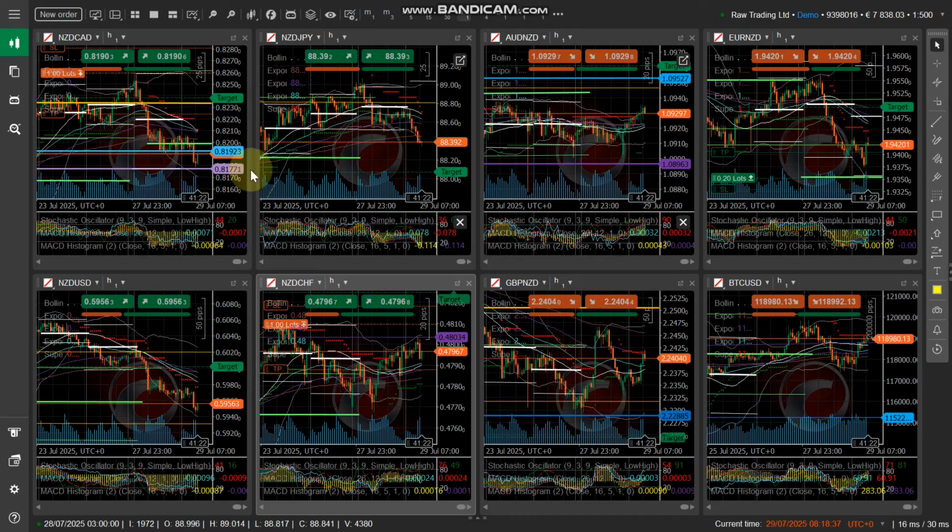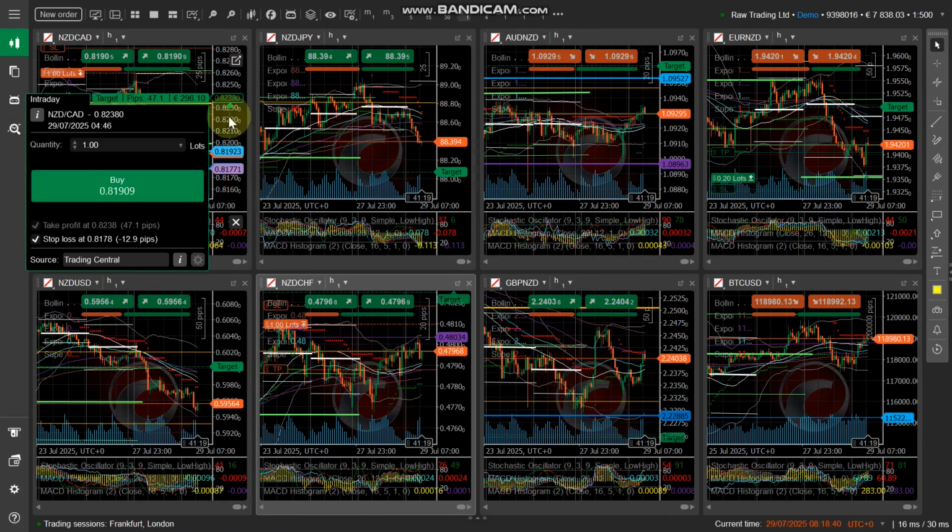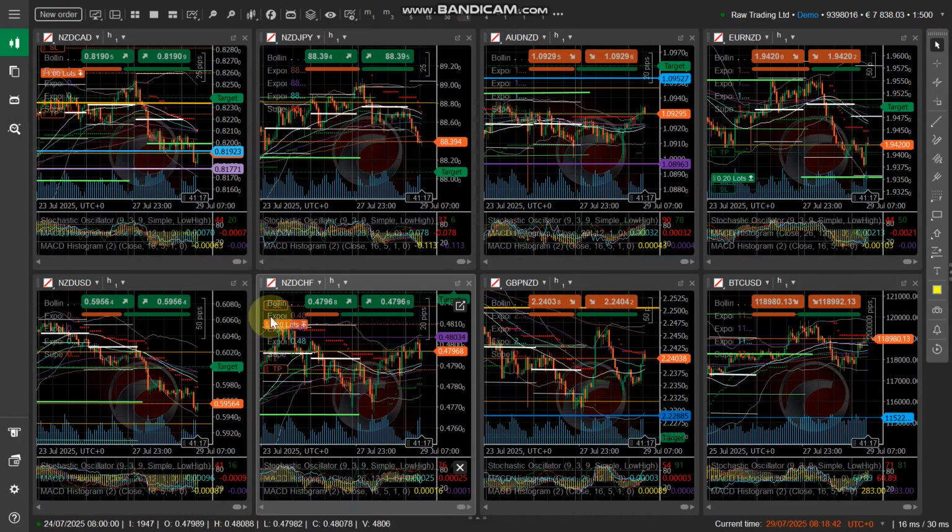Okay, where was New Zealand? Which pair was New Zealand Swiss franc? Okay, I'm here, and correlation is the key. This going up, both candles must go up if London is going to start to get correlation.